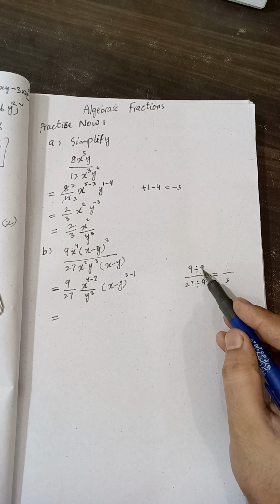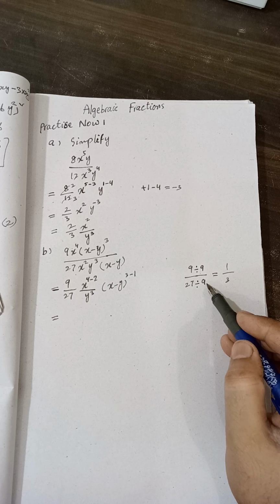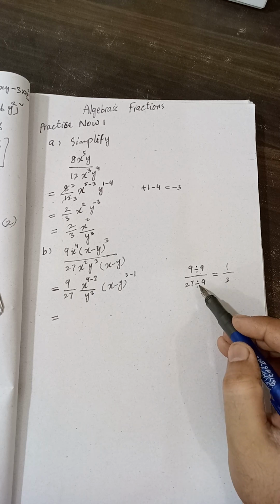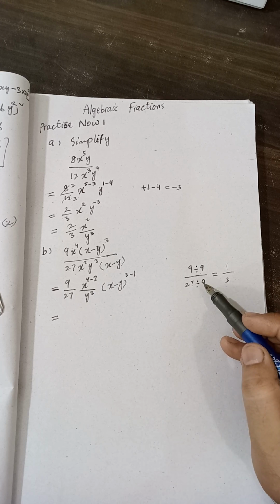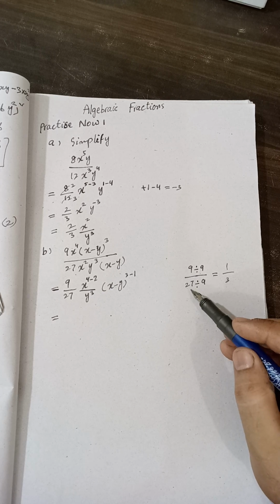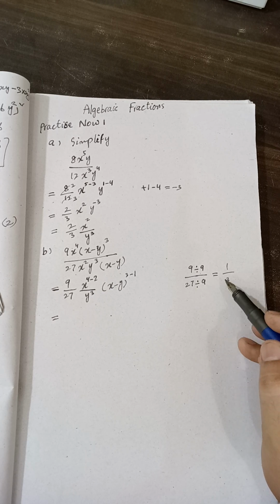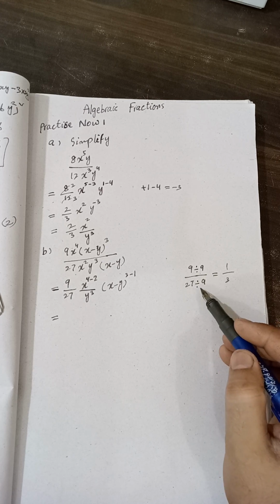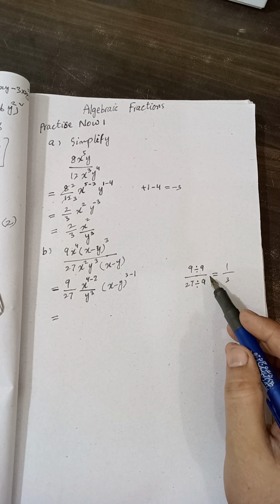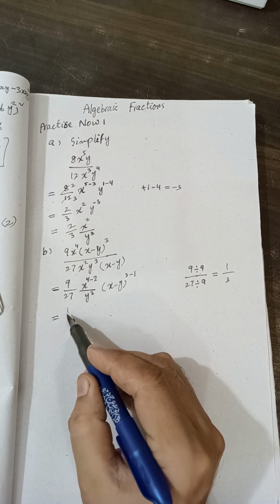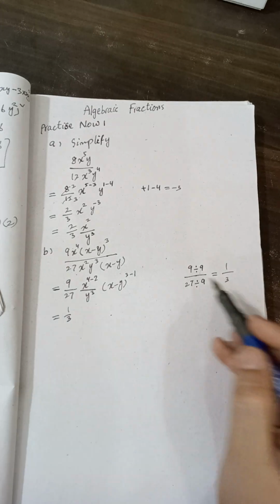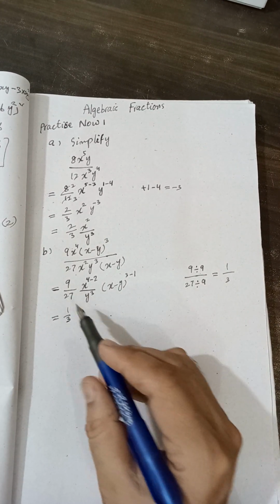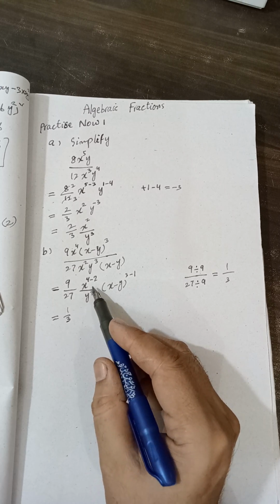When 9 is divided by 9, the answer is 1. When 27 is divided by 9, the answer is 3. You should choose such a table that can divide both the numerator and denominator. In this way you can cancel out. Actually the cancelling is equal to dividing with the same table. So here you will write 1/3 because 9 has been divided and 27 has also been divided.